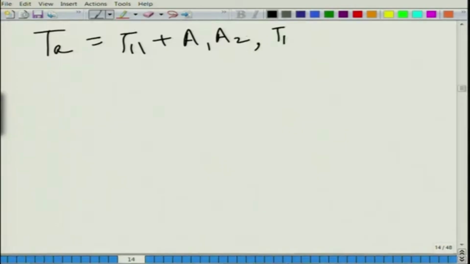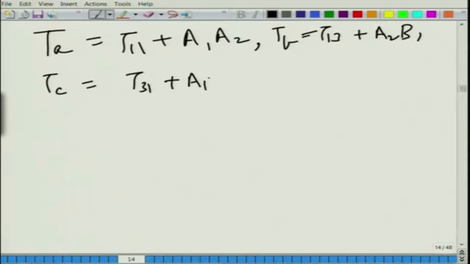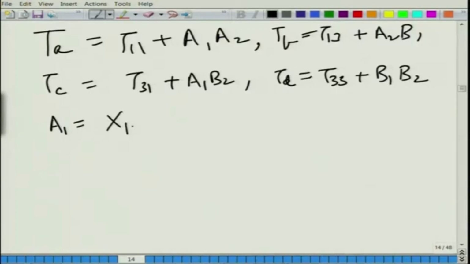T B is your A 2 B 1, T C is your T 31 plus A 1 B 2, and T D is your T 33 plus B 1 B 2. So what are A 1, A 2, B 1, B 2? A 1 is your another variable x 1 times T 21, T 21 we know, and T 41, divided by F 1.